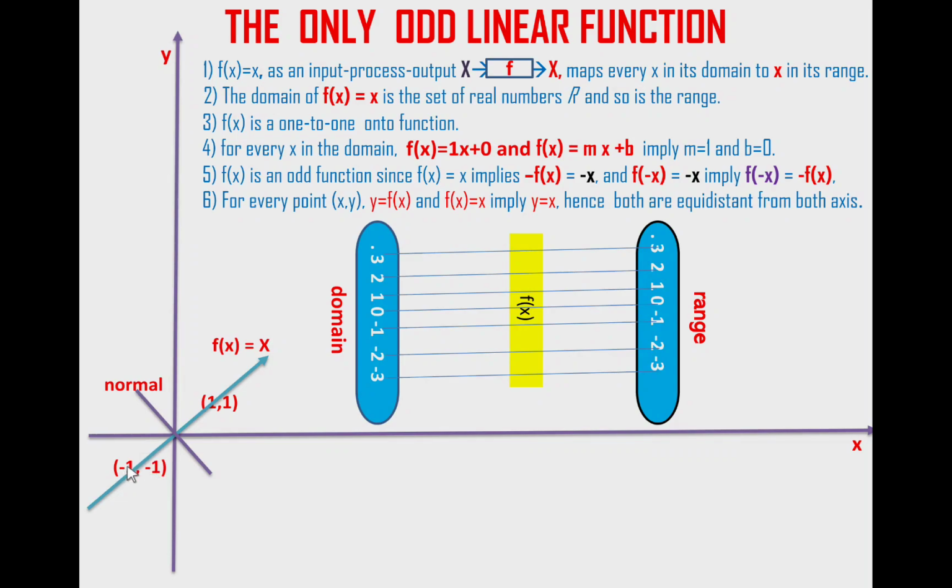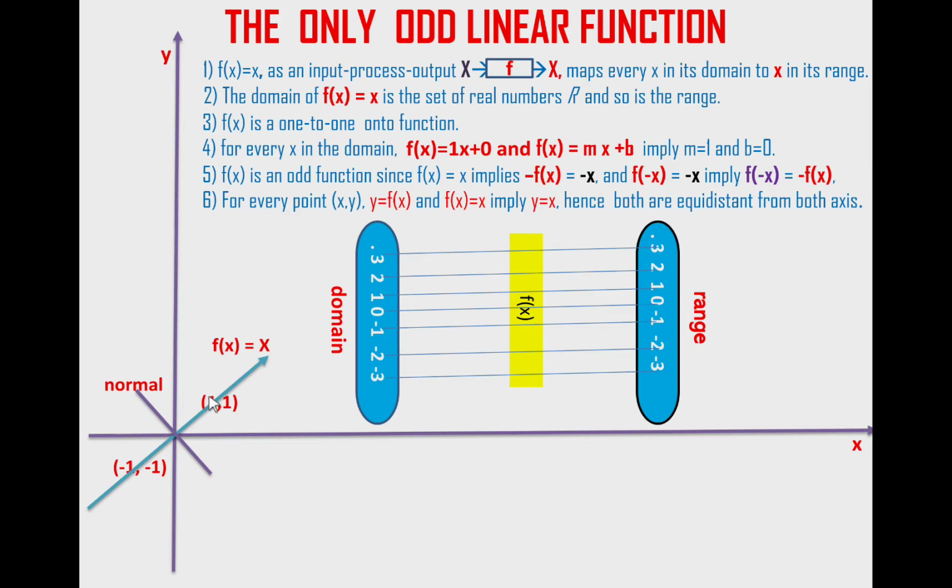The distance from the image to the normal is the same as the distance from the object to the normal. The only difference between the object and the image is the following. There is a conversion, and by conversion we mean change of sign.